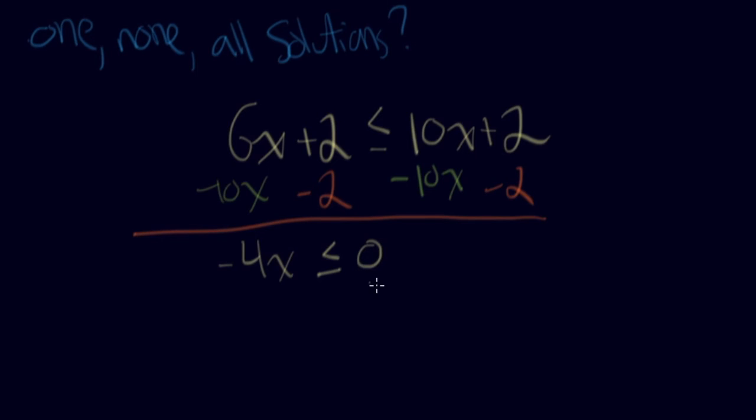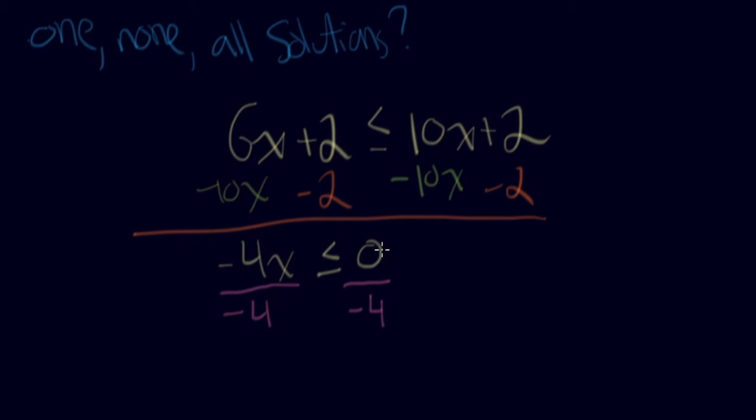A lot of times when students see the 0, they start thinking it's no solution or something bad is going to happen. Well, this is a great question because if you had to go and solve this one, so finish solving it, I'm going to divide both sides by -4. And this is extremely important because don't get thrown off by that 0 right there. So some students do. So you had to divide by -4 on both sides.